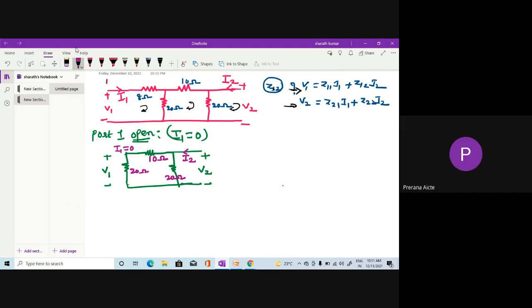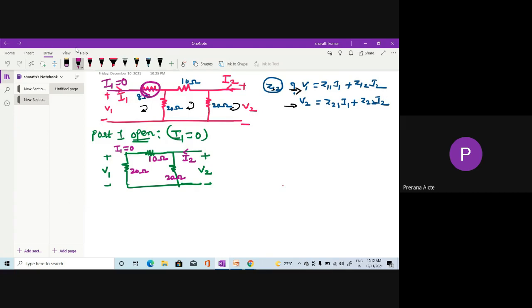So if I1 is equal to 0 here, that means the current flowing in the 8 ohm resistor is 0. Try to understand, any element present in the circuit that does not have any excitation, and current is the excitation, so current is not flowing in your 8 ohm resistor.